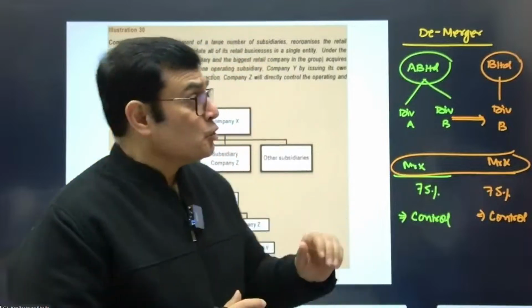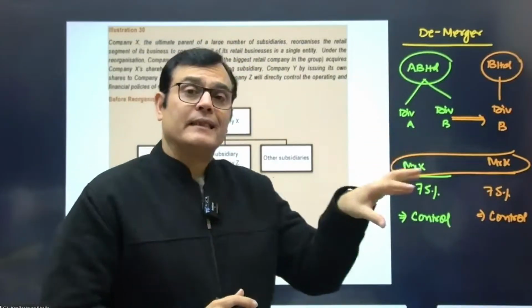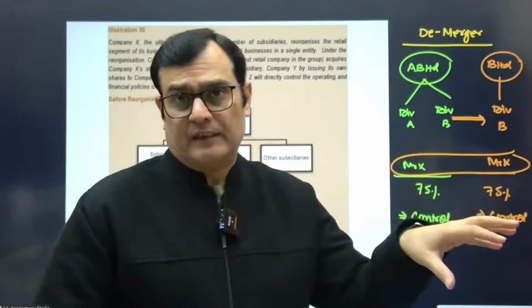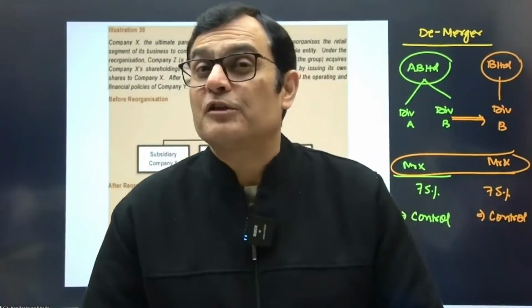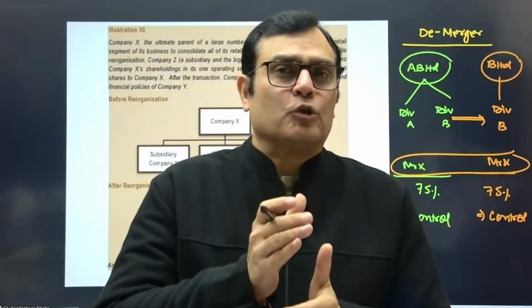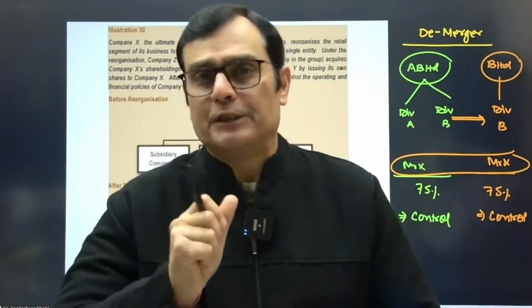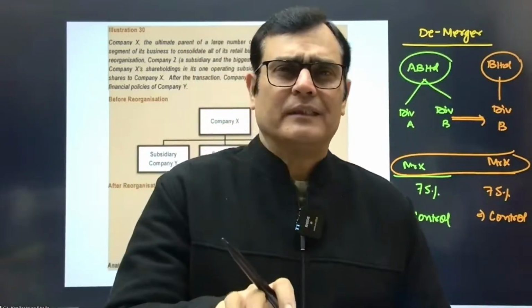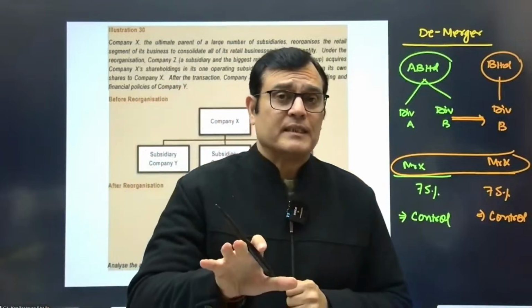Number 1, you should be able to prove that pre and post business combination, Mr. X is in control of both the companies. And number 2, I also need to prove that this control was not artificially structured. We should be able to evaluate that the control is something which, the standard says, is not transitory in nature. Now, what is that transitory in nature? What kind of manipulations can companies do? I'll explain that with an example.